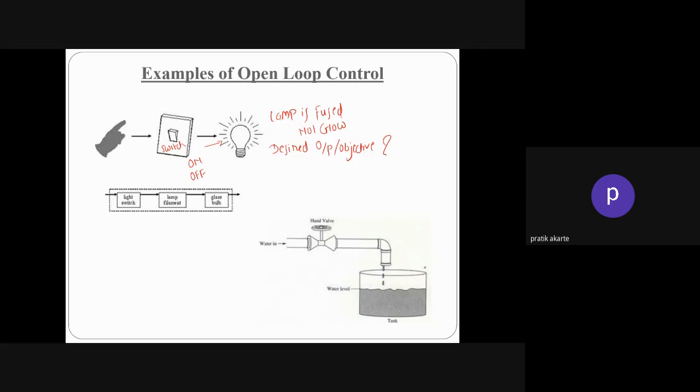After the tank is filled, is there any arrangement that this hand valve will close automatically? No. Irrespective of the water level attained inside the tank, the system is continuously giving the output. That's why it is called an open loop control system.